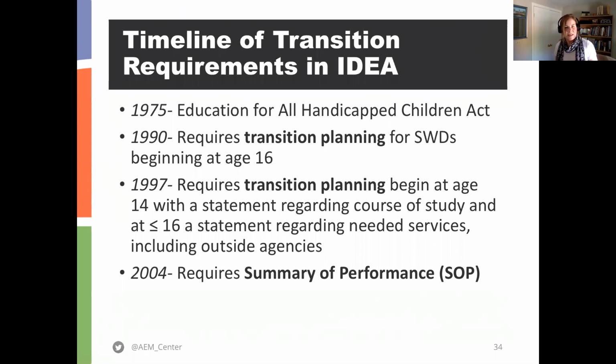In 1990, when the title changed to the Individuals with Disabilities Education Act, replacing the EAHCA, transition planning was required for students with disabilities beginning at age 16. In 1997, the transition planning requirement was expected to begin at the age of 14 with a statement regarding course of study, and at or before age 16 with a statement regarding the needed services, including outside agencies. And then in 2004, the requirement of the summary of performance was added.